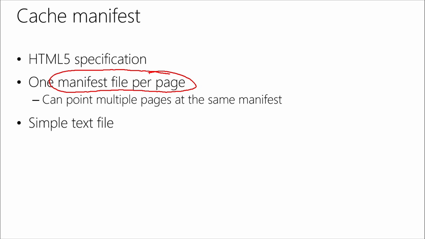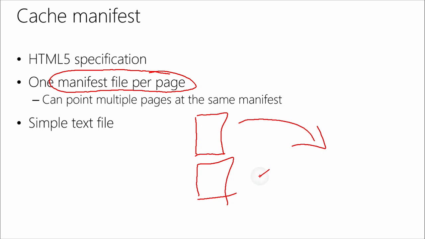The catch, of course, is maybe I just want to make sure that it's going to be hanging on to a couple of CSS files that I use across the entire site. So I want to go in and set those up. I will need to update every page with that cache manifest, but I can point multiple pages to that exact same manifest over here. So I can go in and do that.